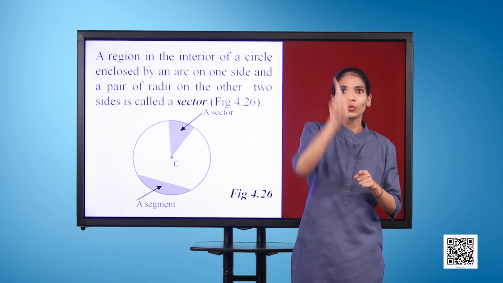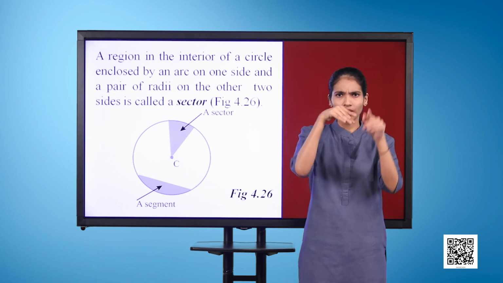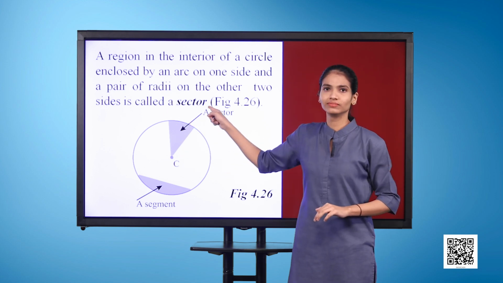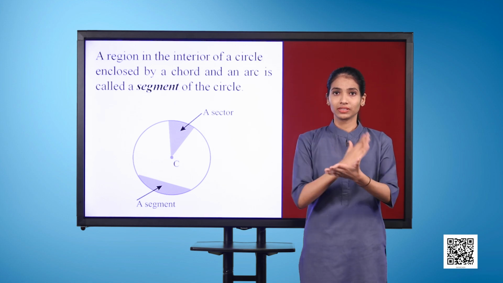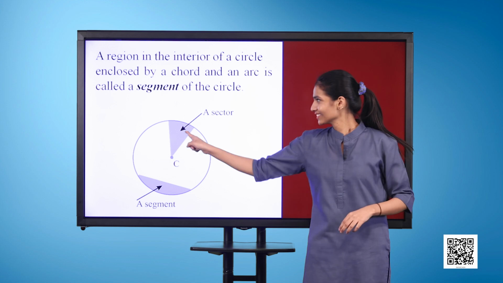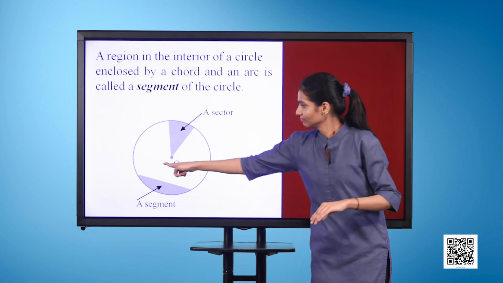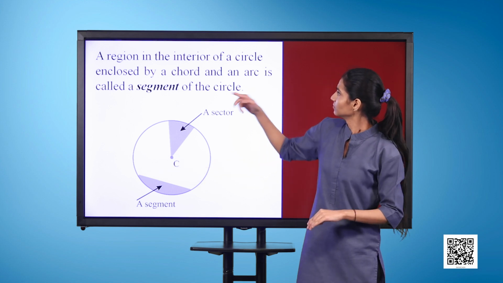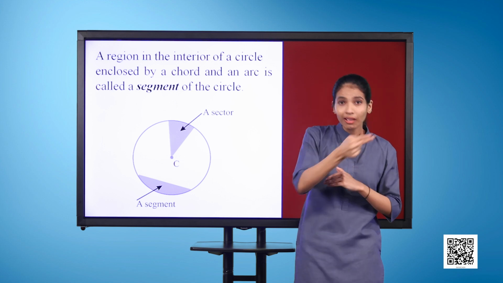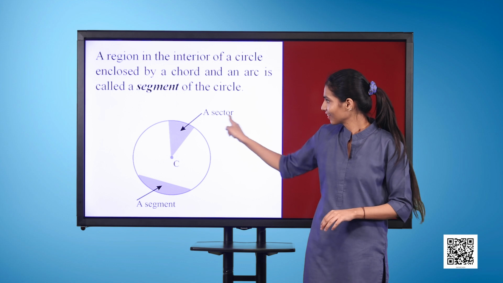Figure 4.26. Page 84. A region in the interior of a circle enclosed by a chord and an arc is called a segment of the circle. Figure 4.26 given here shows a sector and a segment of the circle.